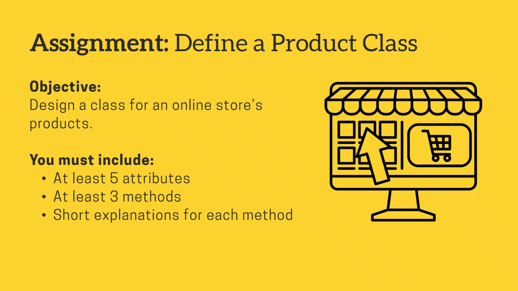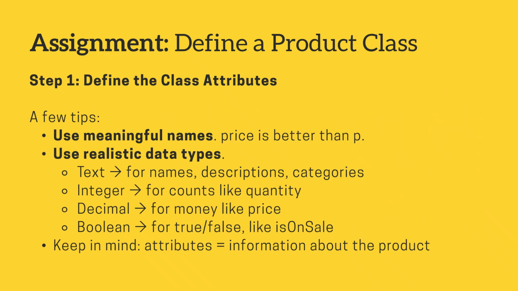Okay, so let's look at the first step. Let's break it down. The first step is to define the class attributes. So you're asked to list at least 5 attributes for the product class. The assignment gives you some good examples: product name, price, quantity in stock, category, description, SKU number.